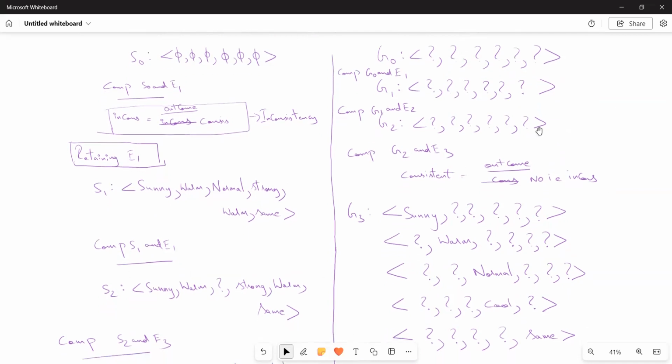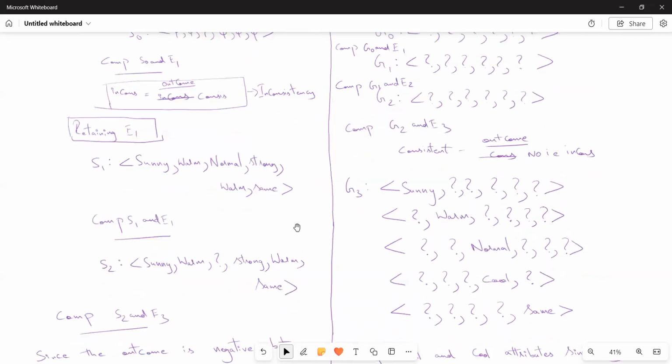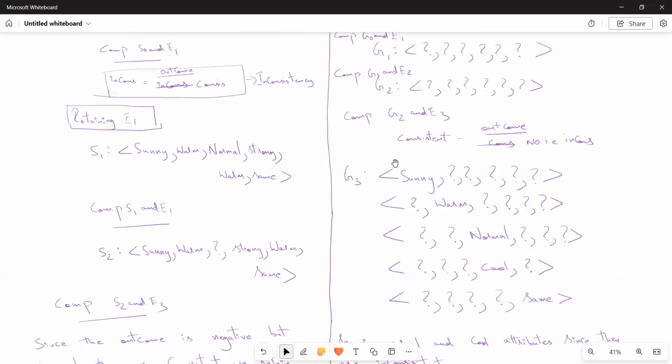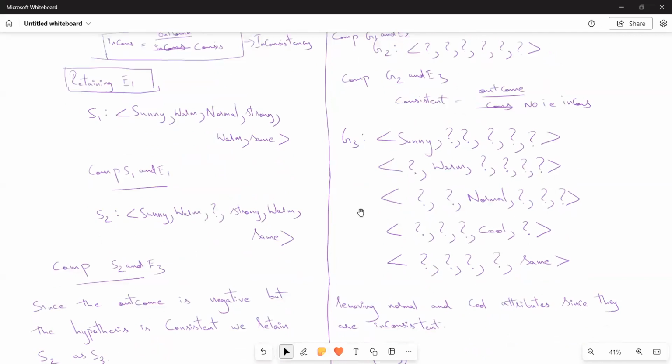Since it was positive, we started comparing, and then we went to negative. If it is inconsistent, what do we do? We retain. Then again we went to G2, G3 and so on, and we found the inconsistent value in the generic.